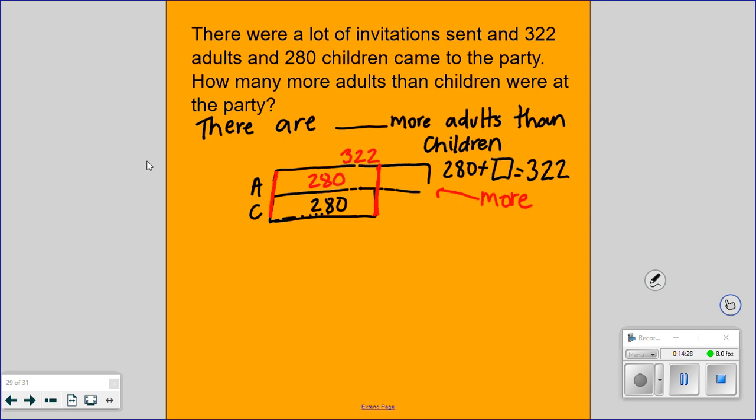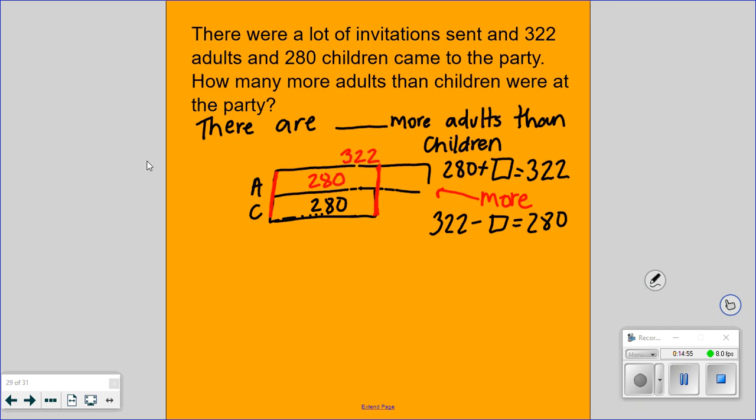Let's make it a subtraction problem. When I subtract, I start with all of the things. Paxton, you want to give it a go? 322, beautiful. Now, Paxton, I will tell you that I am not good at minusing blank.